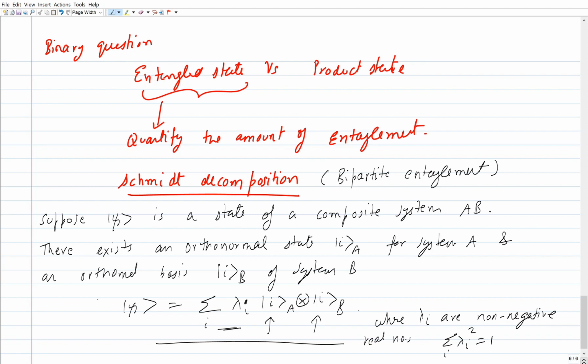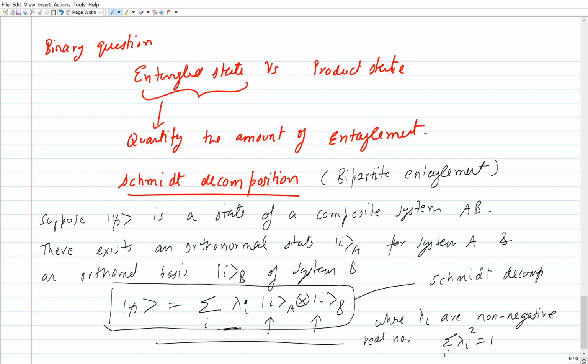So this is called the Schmidt decomposition.